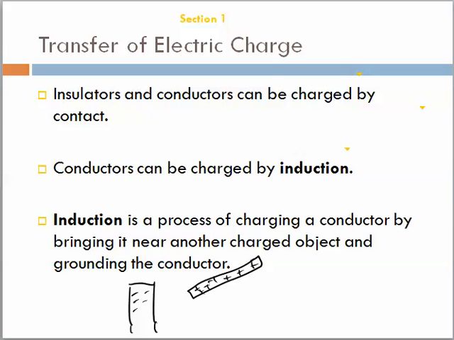The one I skipped up here at the top, didn't mean to, is when you charge something by contact, that's charging it by conduction. And let's say that I had this charge of all these negative charges here. And I bring this object all the way over here so that it touches it.